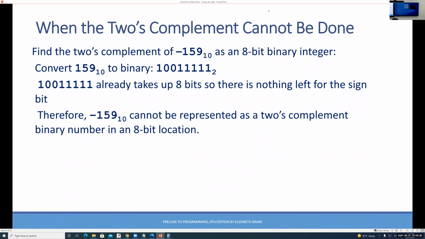So actually, you only have 7 bits left to store the magnitude. 7 bits hold everything from 0 to 127. So that's why you have everything from negative 127 to positive 127 for the 8 bits. That's why you cannot store this one in 8-bit binary with the 2's complement here. You have to store it in 16 bits.